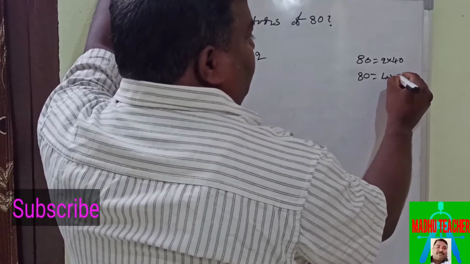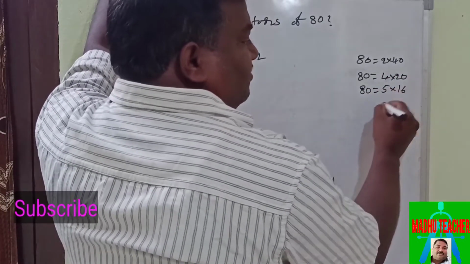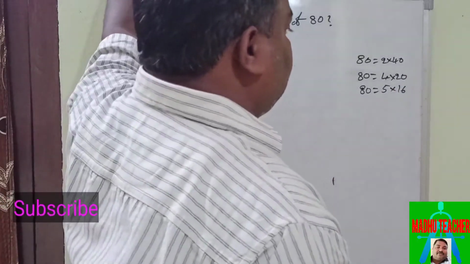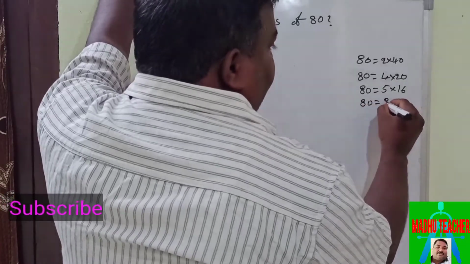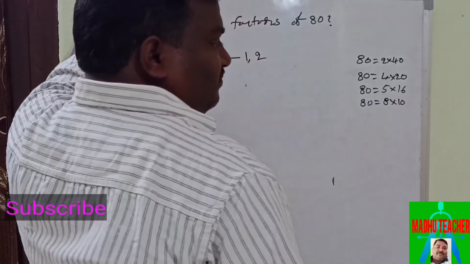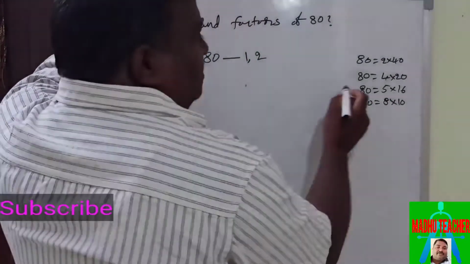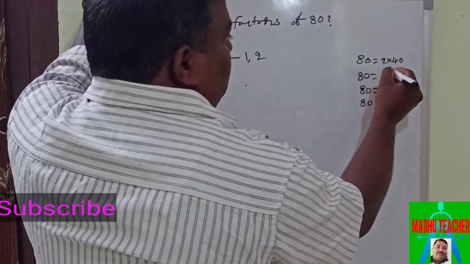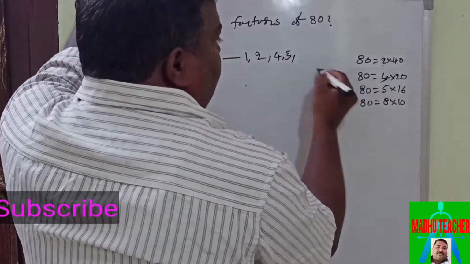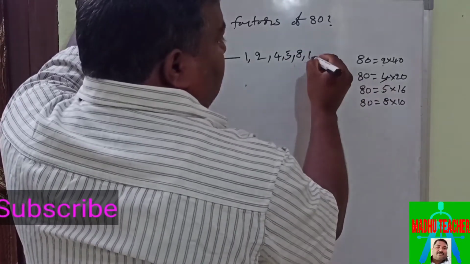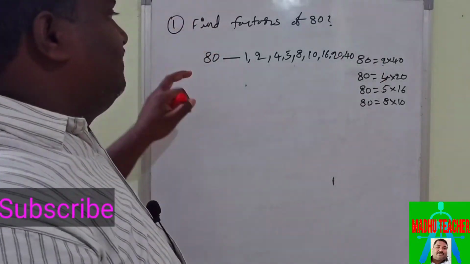But we can write 4 into 20, and 5 into 16. 6, you cannot write 6 into something. 8 you can write as 8 into 10. That's all. Therefore 80 has 1, 2, 4, 5, 8, 10, 16, 20 and 40. These are the factors of 80.